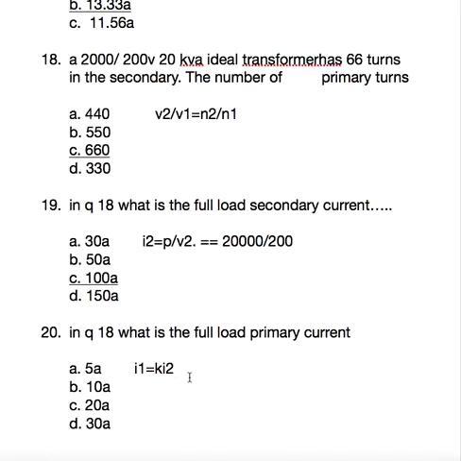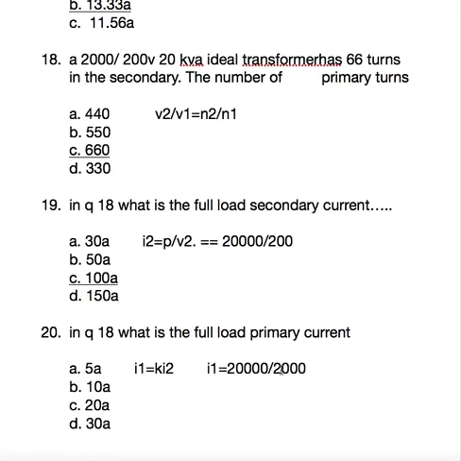Same formula, here we have to find I1, the primary current. I1 is equal to P, which is 20,000, divided by the primary voltage, 2000. Three zeros cancel.